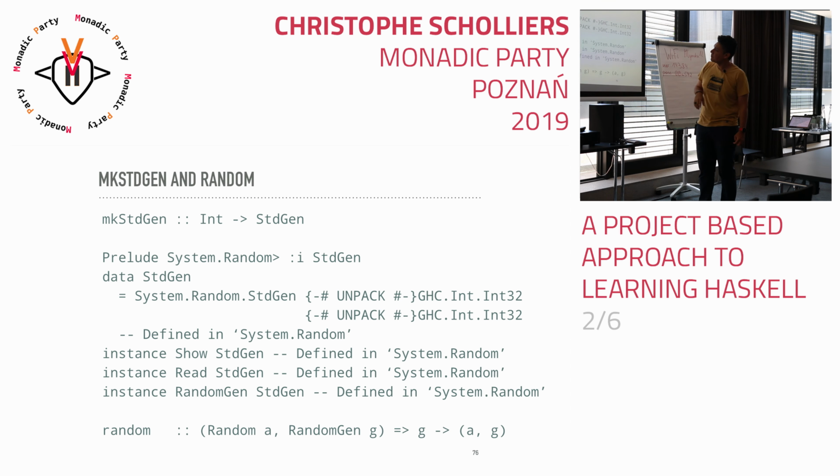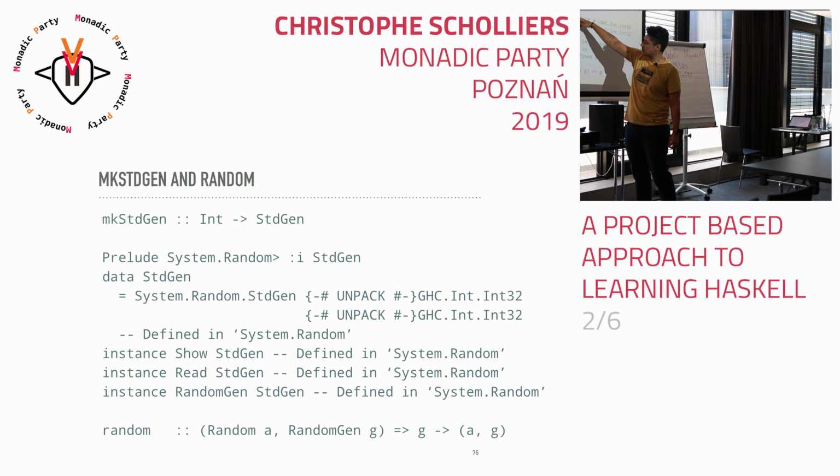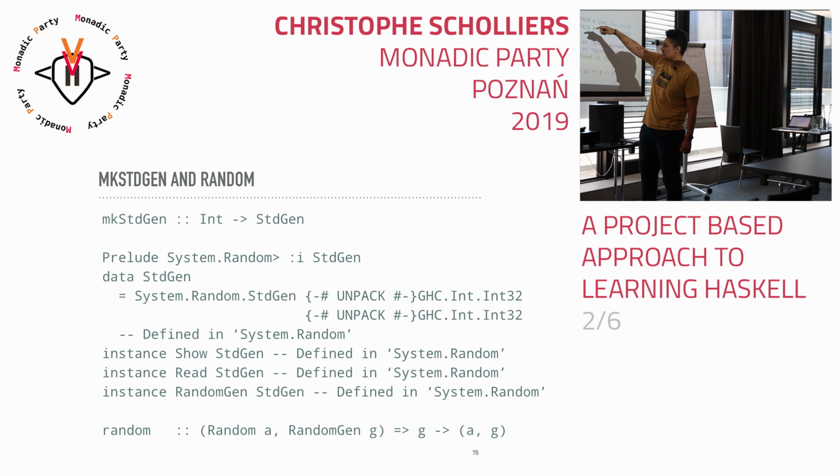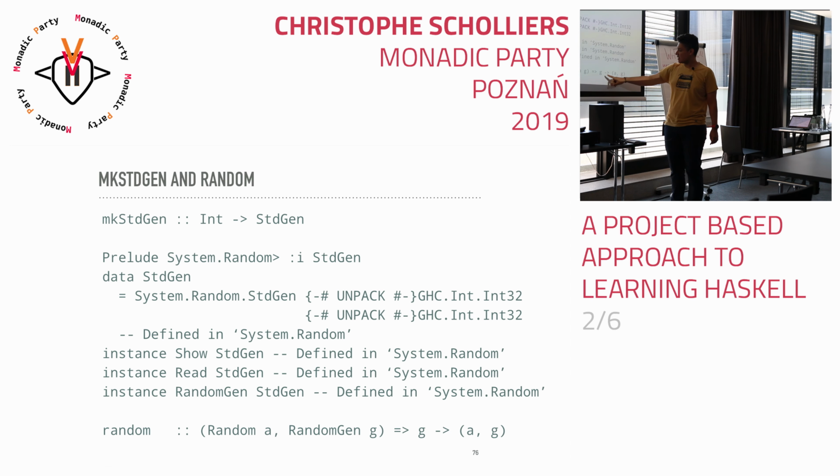And then, if you ask, what is this exactly? Well, the point is that it's an instance of random gen. Yeah. And so in random gen, you can call random with, which basically takes this generator, and it creates you a new number together with a new random generator.